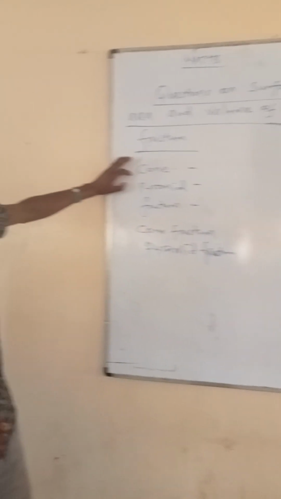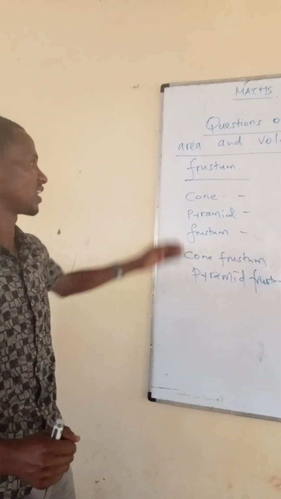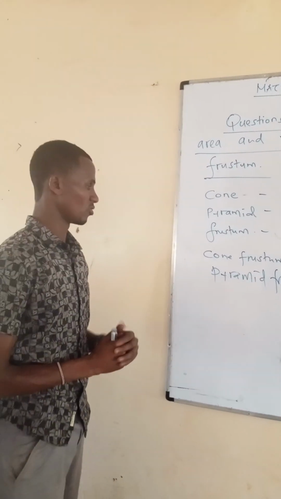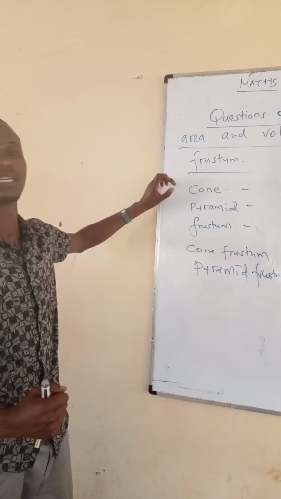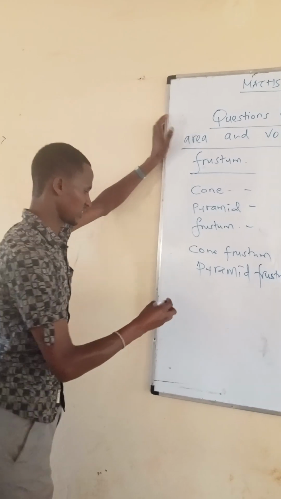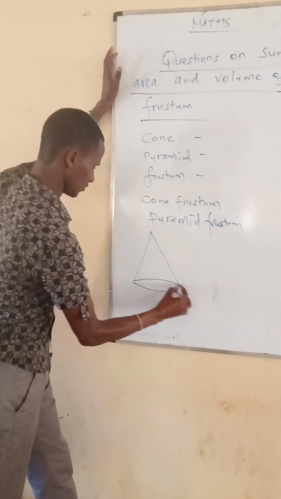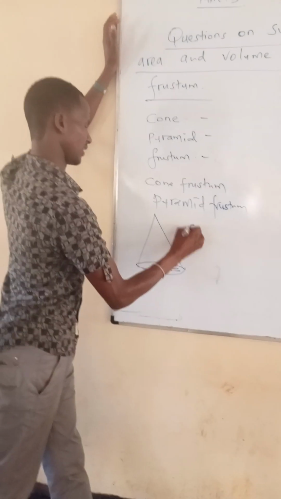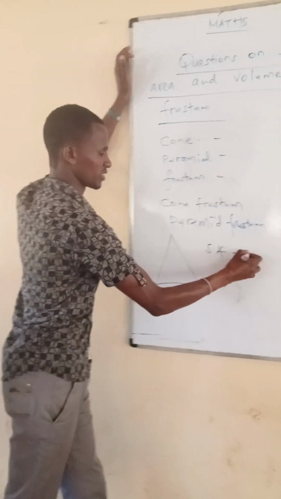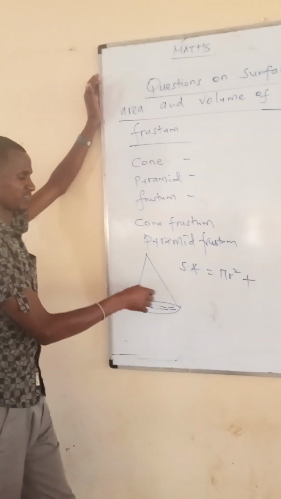So I believe you know how you get the surface area of a cone. If you look at my previous clips, there is a part whereby we looked at the surface area of a cone, and we said that the surface area of a cone is equal to the area of the base, which is circular, pi r squared, plus the area of the curved surface.